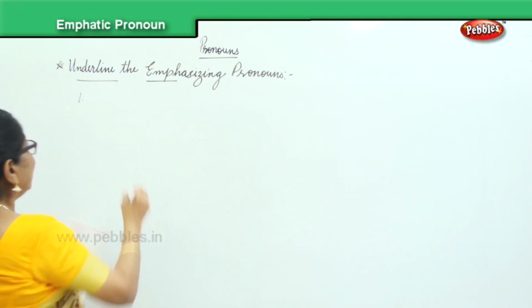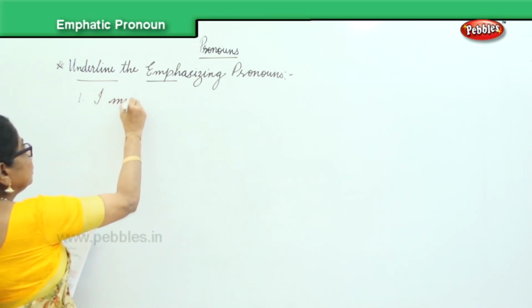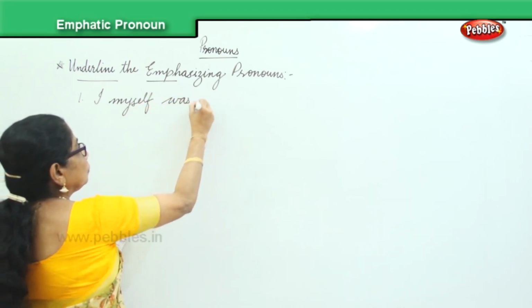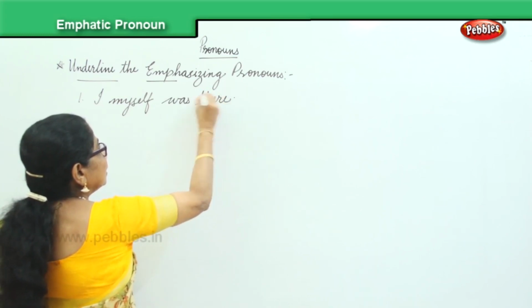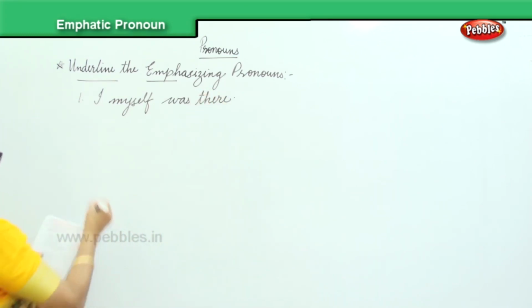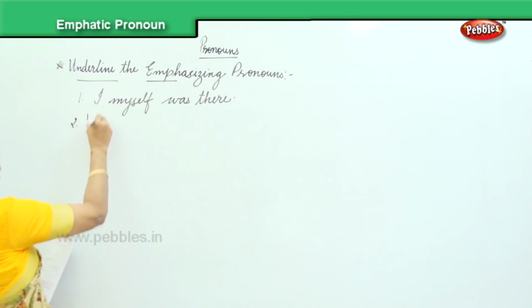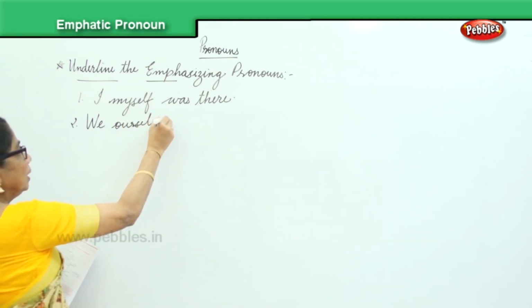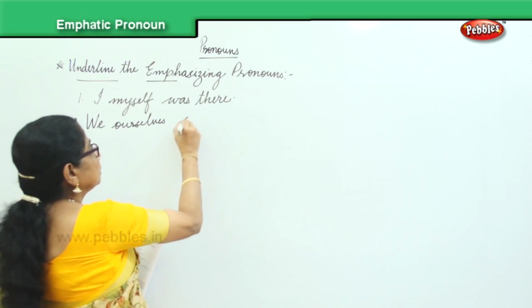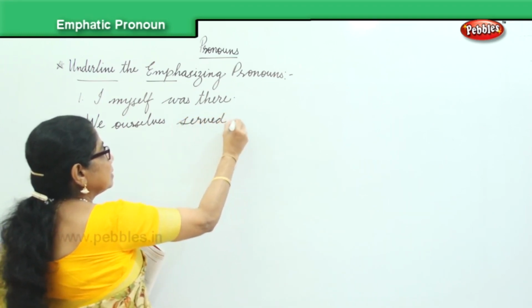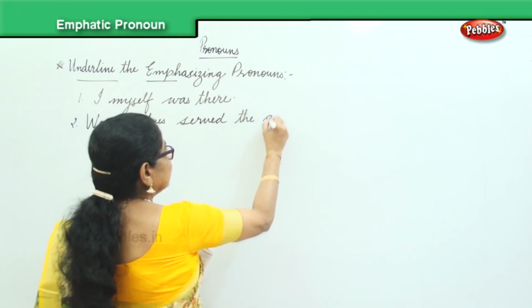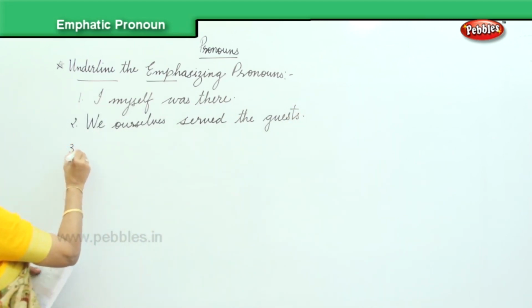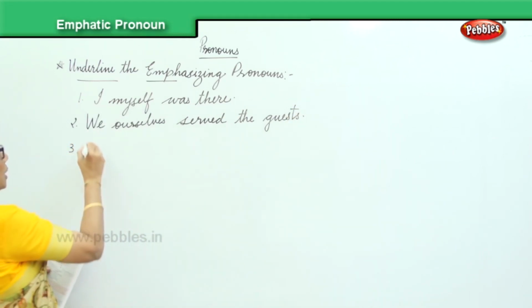We have here: I myself was there. We ourselves served the guest. You must do it yourself.